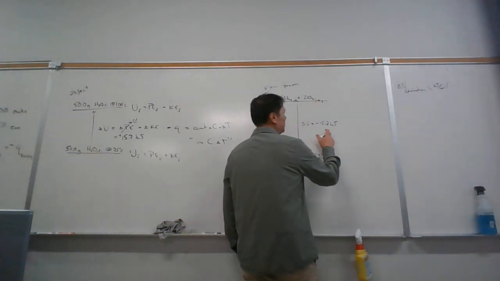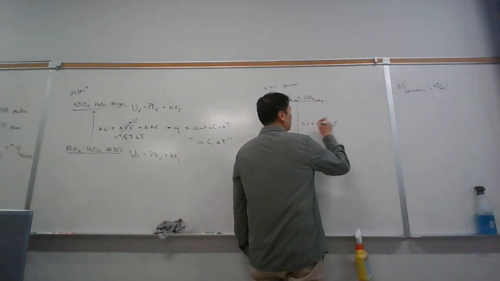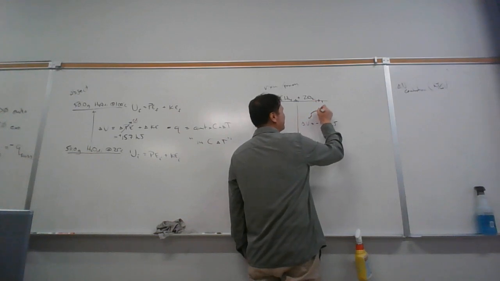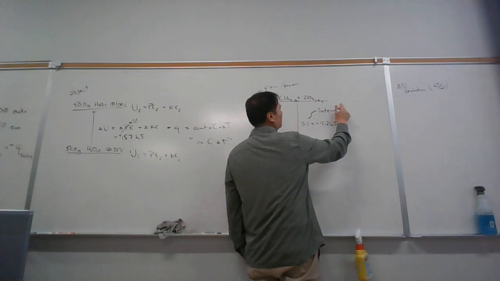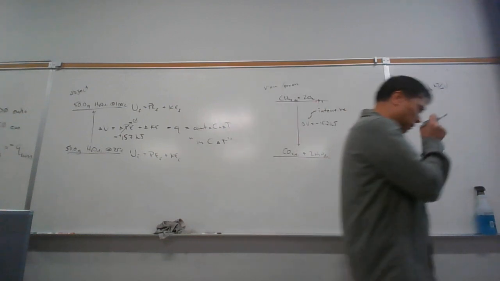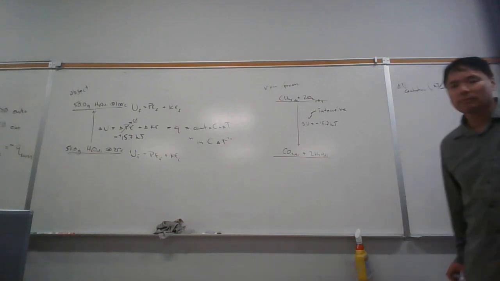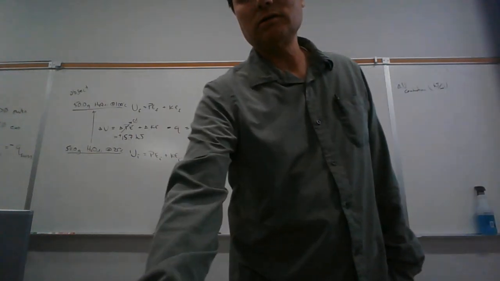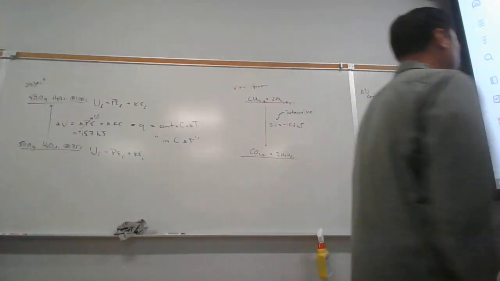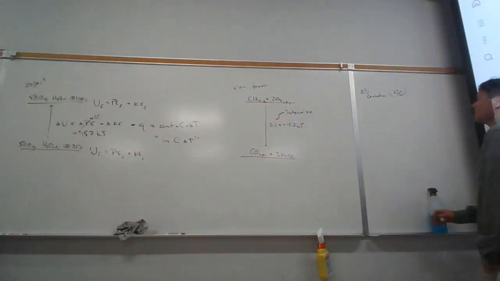Now, this is a bit tricky, because usually delta U, this is an intensive property. Intensive means what? Intensive means versus extensive. Intensive means it doesn't change on the amount, right? It's like density.